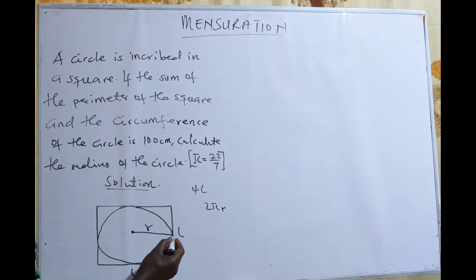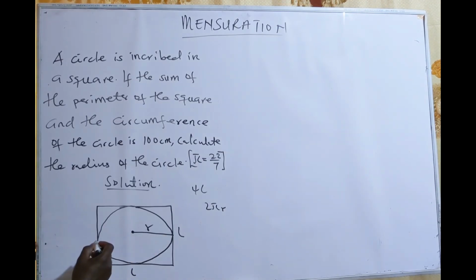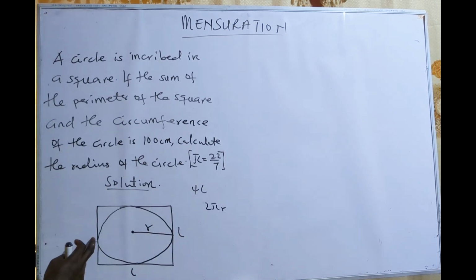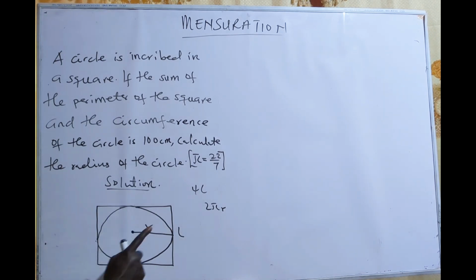If you take the full distance from here to here, which is the diameter of the circle, it will be equal to the full length of the square.